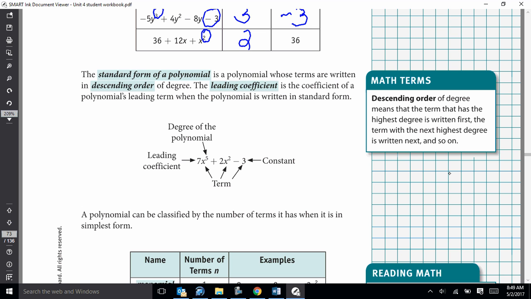That's called a trinomial. Tri for 3, like triangle, tricycle. And then our constant is our number hanging out on the end. And then we often put things in descending order, which means we start with the highest and then work back, because you want the leader out front.